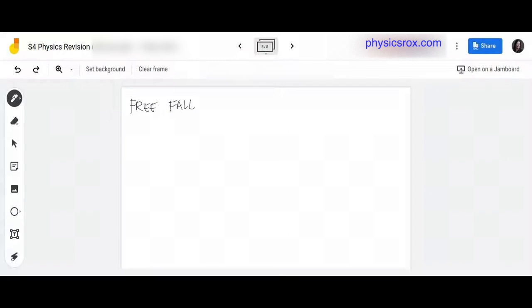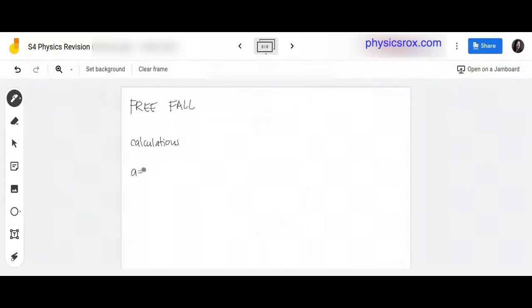Okay, so free fall calculations. Free fall calculations is not something brand new. If you know how to solve linear motion equations, you can solve free fall, remember?